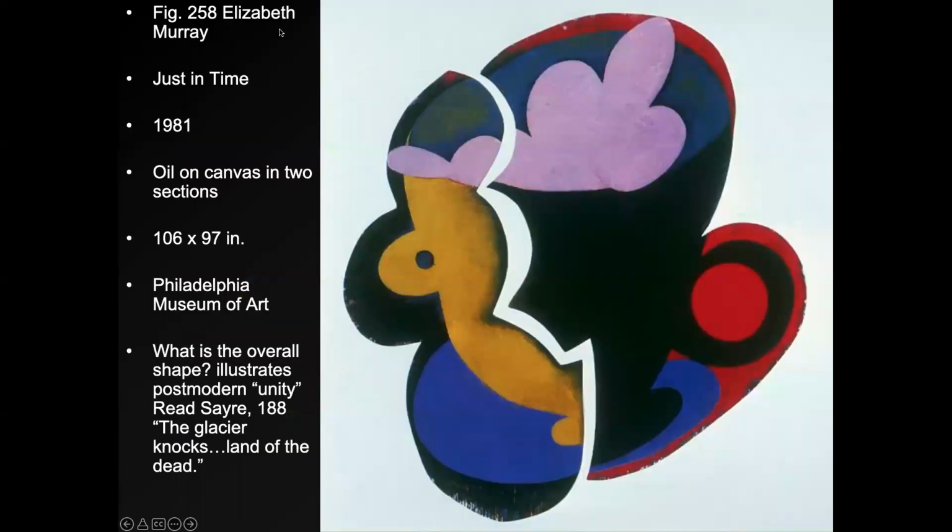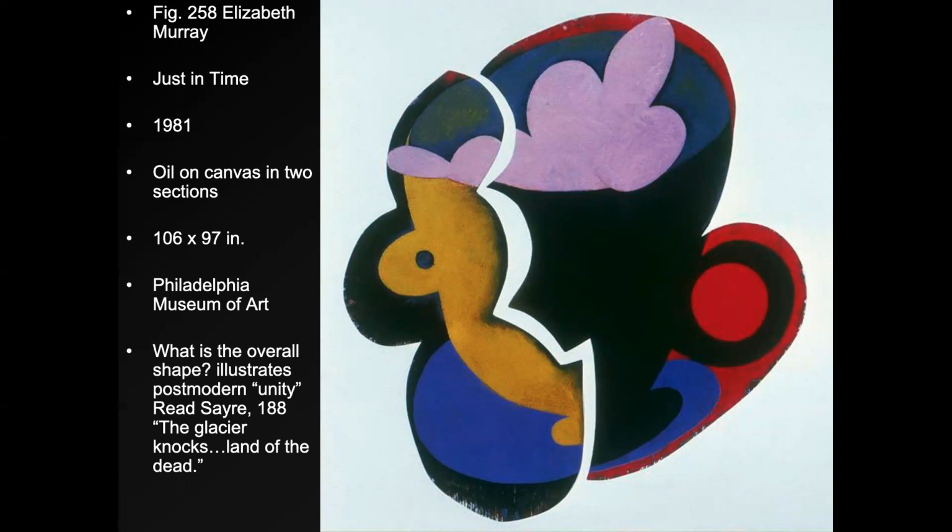So this one, by Elizabeth Murray, has a reference to Alice in Wonderland, Through the Looking Glass. It's called Just in Time. When you first look at it, depending on what you're interested in, you can see either a bunny, representing the white rabbit, or a teacup, since teacups are really important in the story.